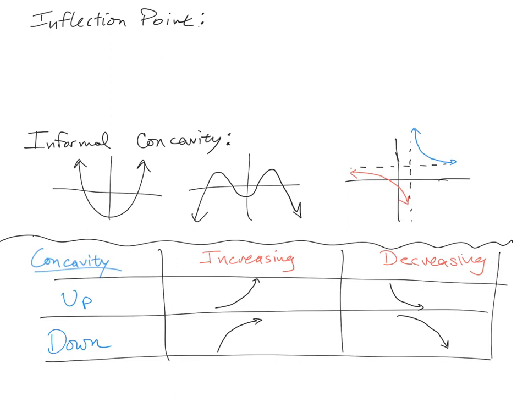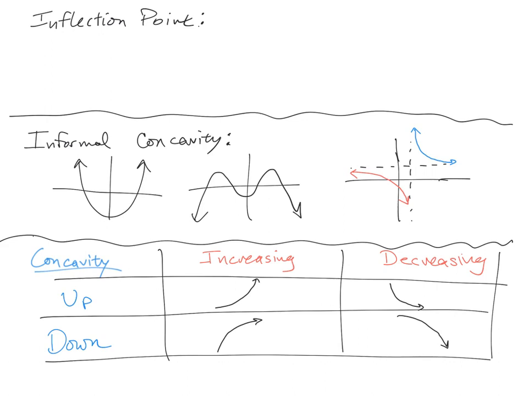All right, so here on this slide you can see we have a few things. In the top portion I have inflection point, and I will define that for you in a minute. I will informally define what concavity is doing, and then we can go over what this means down here in a few seconds.